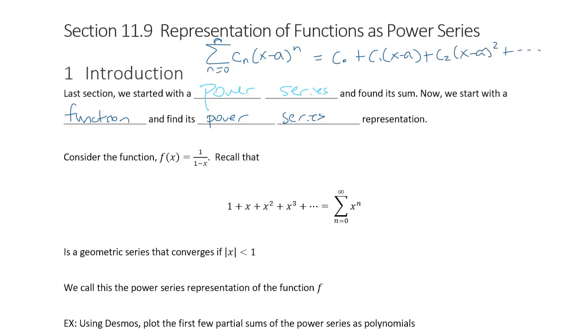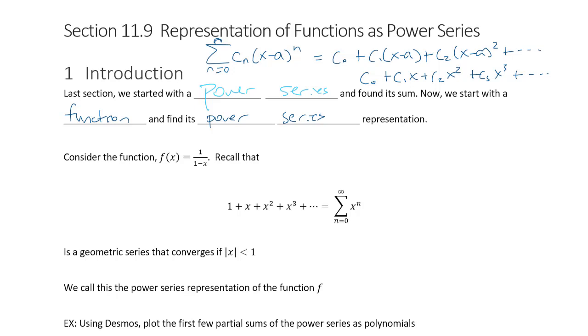If a is 0, then it may look like c0 plus c1x plus c2x squared plus c3x cubed, and so on. It's a series in that it's an infinite sum. It is a power series because every term of the series contains a variable x raised to some power. This is the 0 power, first power, second power, third power term, and so forth.